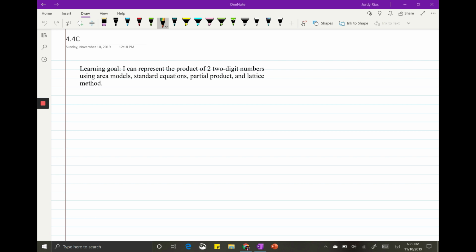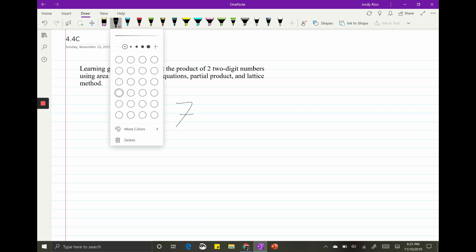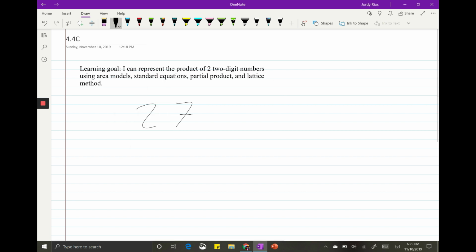So our first strategy we're going to be learning is standard equation. Standard equation is what we normally do, right? Let's use a regular color. We have 27 times 18.